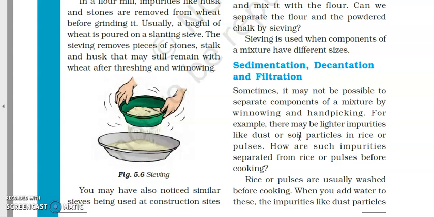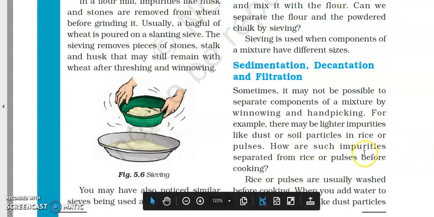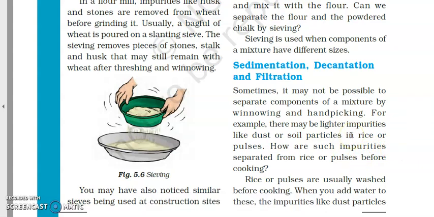You must have seen your mama washing the rice or pulses with water before cooking it. So she pours clear water on the rice, and after some time, what happens? All the dirt and dust particles on the grains are washed away by the water, and the water becomes dirty.